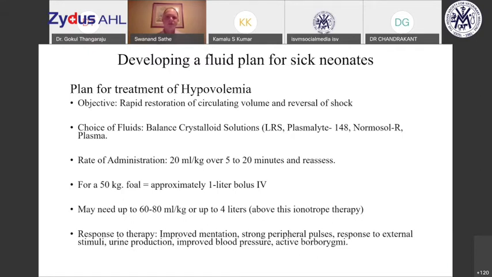Your first primary objective is to rapidly restore its circulating volume and reverse the shock process. Like we discussed before, our first fluid of choice would be a balanced isotonic crystalloid solution, usually lactated Ringer's, Plasma-Lyte 148, or Normosol-R.